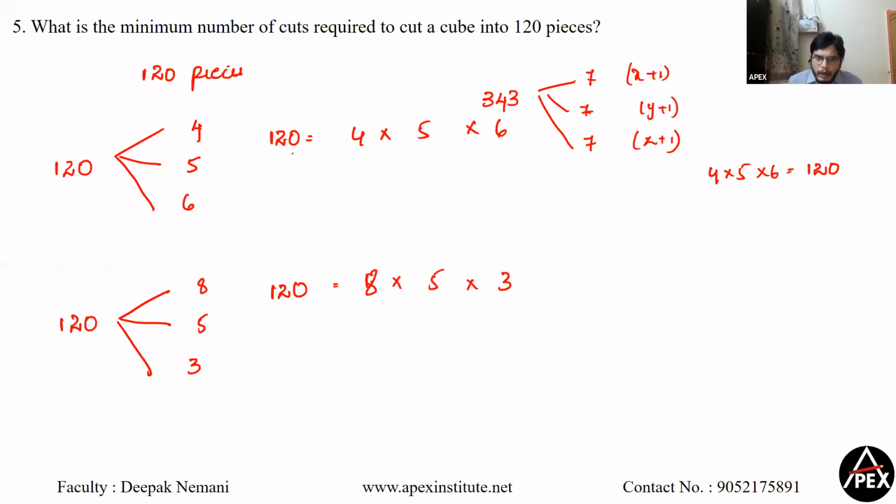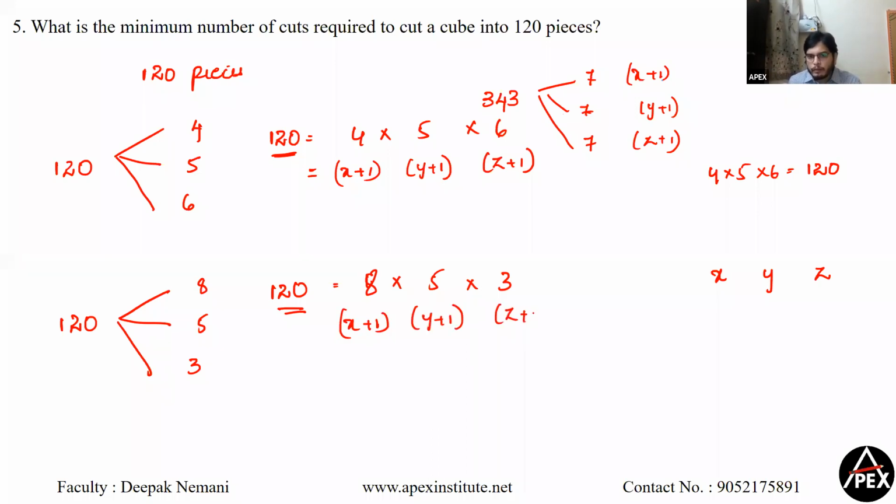These are the total numbers of pieces, isn't it? So let me consider that I have made x cuts in one direction, y cuts in the second, and z cuts in the third. So 120 will be equal to x plus 1 into y plus 1 into z plus 1.